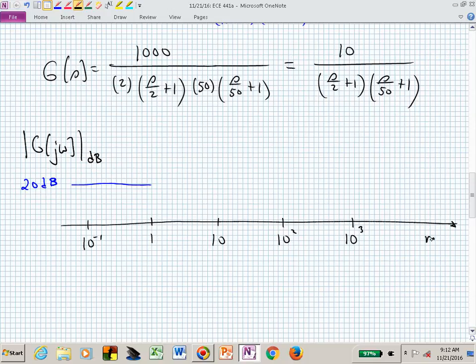And this is radians per second. Now I haven't gotten to 2 yet, and where is 2 relative to 1 and 10 on this logarithmic scale? This is actually log of omega that I'm sketching so I can get more information on a compact piece of paper.